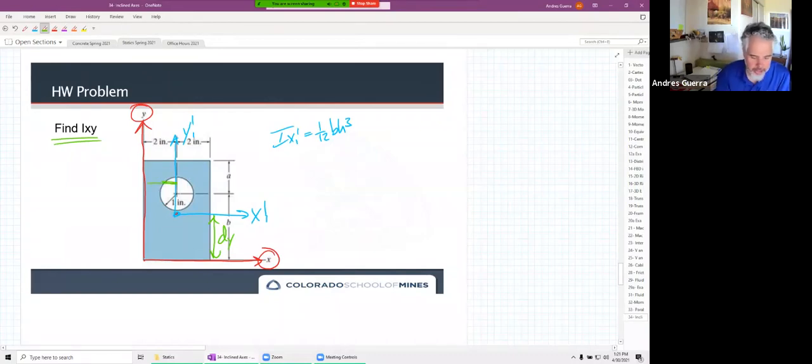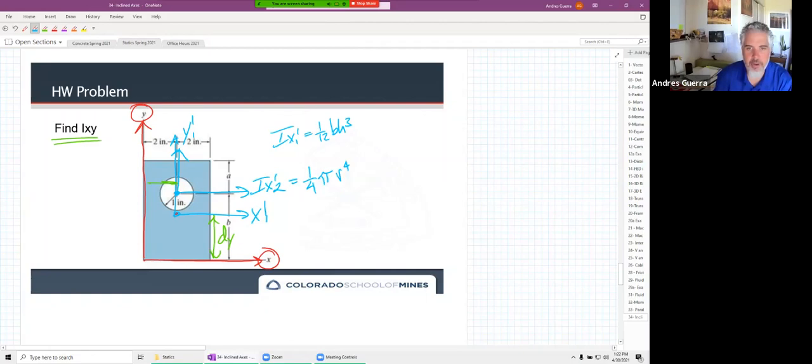And then if we look in the back cover of the book, we will find for a circle here, our Ix prime for segment 2 is equal to, where is it? It is equal to 1/4 pi r squared. Or no, pi r to the 4th.